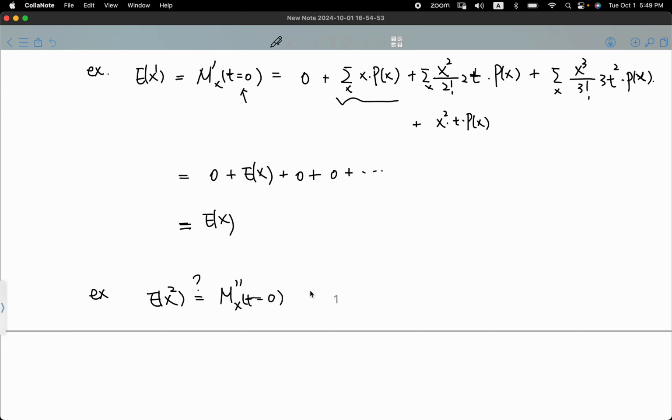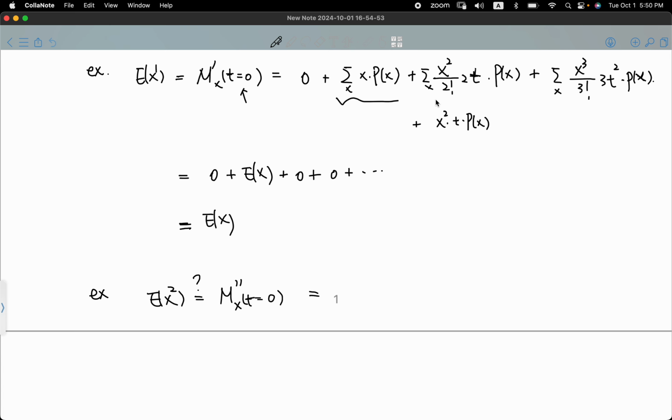Okay, so now, here, this is already the expression after taking the first order derivative. So all we need to do is just take another derivative of this expression with respect to what here? What should we take? Which variable? With respect to t, right?